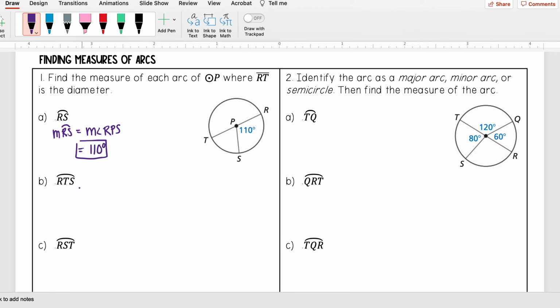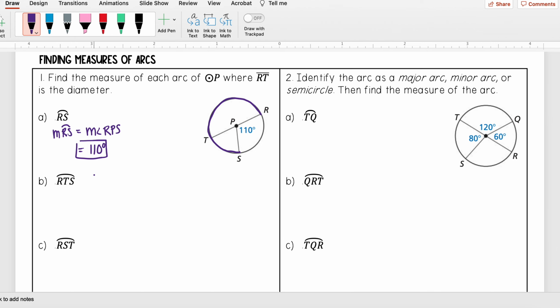Okay, next I want to find the measure of arc RTS. Since it's three letters, it's either going to be a major arc or a semicircle. Following the ordering of the letters, this is going to be R, T, S. So it's talking about this whole part of the circle.